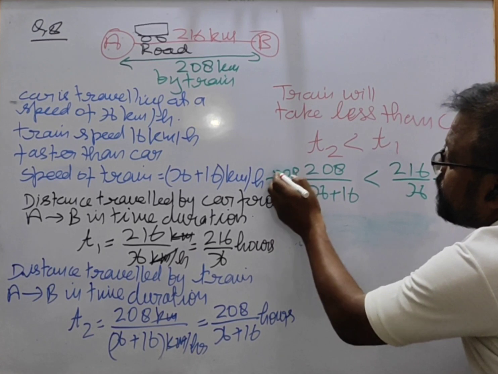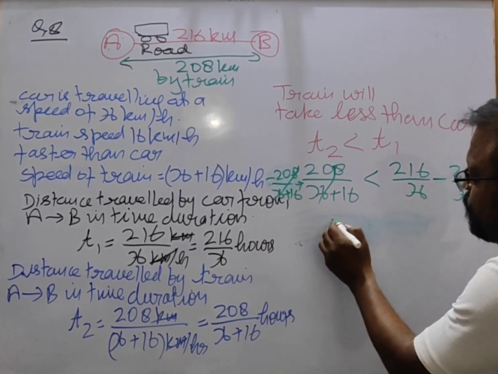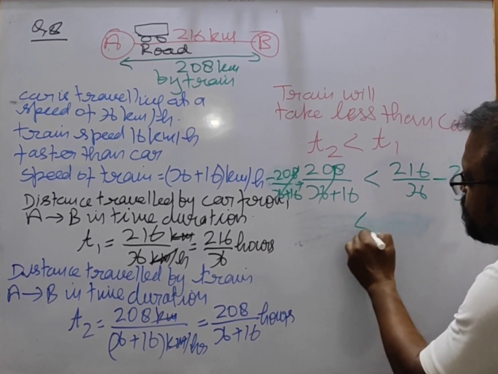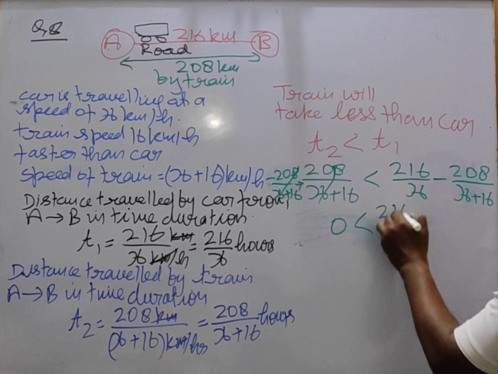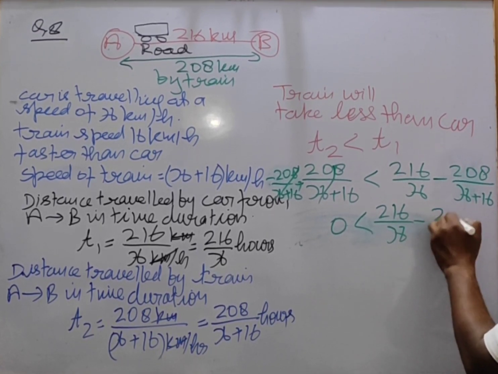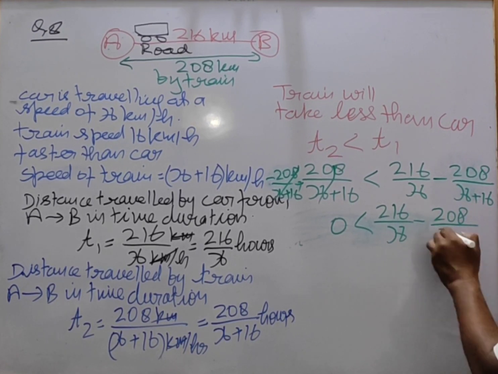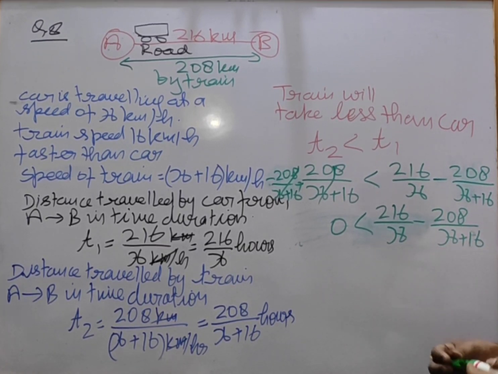So this turns to 0, right? So this value is greater than 0. So 216 upon x minus 208 upon x plus 16, right?